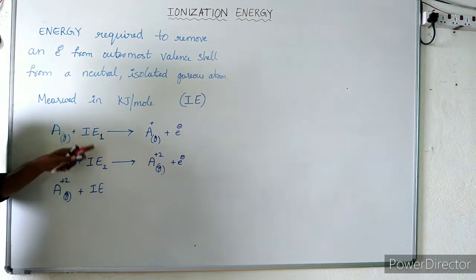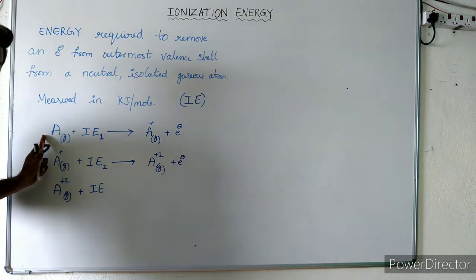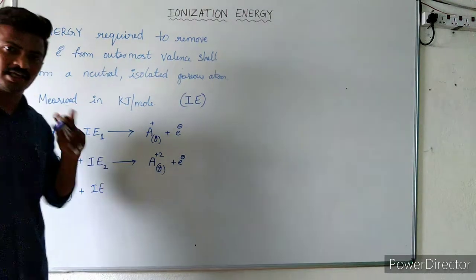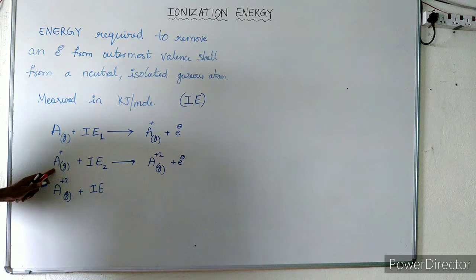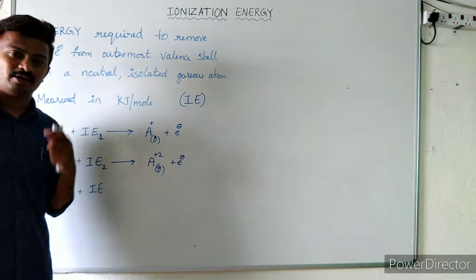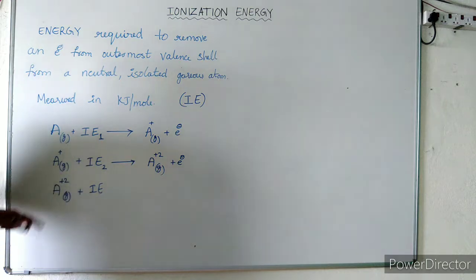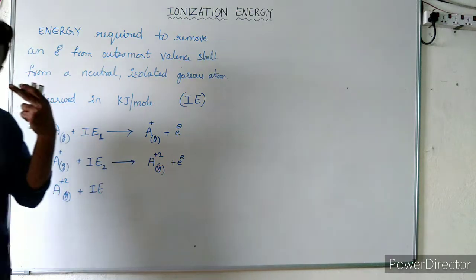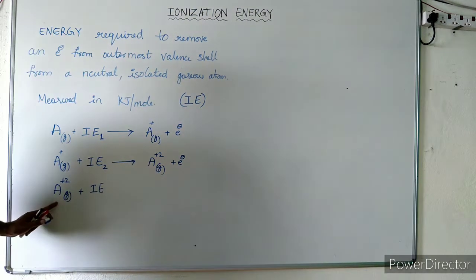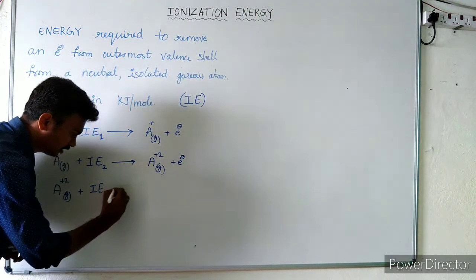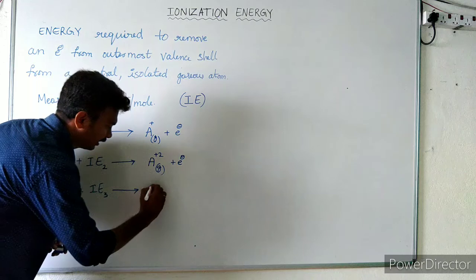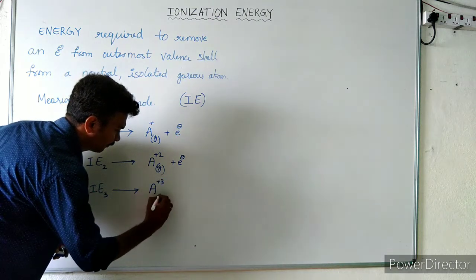You can easily guess. From a neutral species, removing an electron requires the first ionization energy. Removing an electron from a unipositive cationic species is the second ionization energy. And removing the next electron from this dipositive cationic species is the third ionization energy, giving A plus 3.